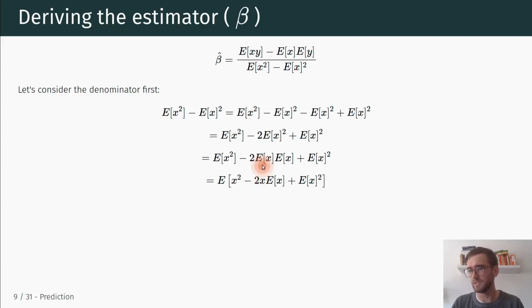Taking that expectation would reduce to the expectation of x times the expectation of x, as up here. And this last term would just stay the same, since the expectation of the expectation of something is just that expectation. So even though this looks a little bit weird, it's important to realize that this is still equivalent to the specification that we have up here. We're just moving things into the expectation.